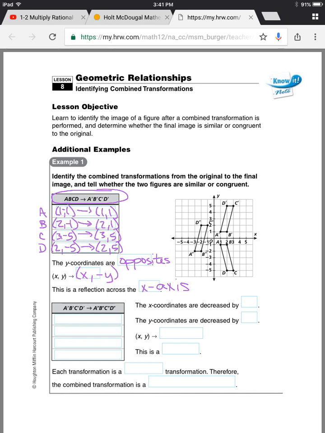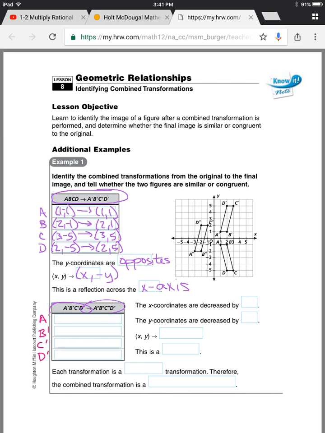Okay, so now we are going to look at our first image compared to our second image. Okay, so we are going to erase that, have A prime, B prime, C prime, and D prime.